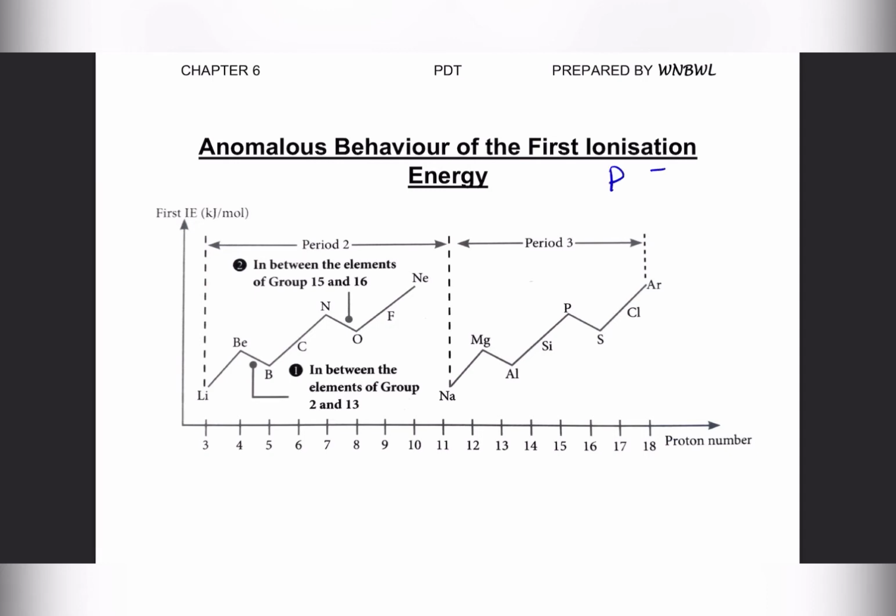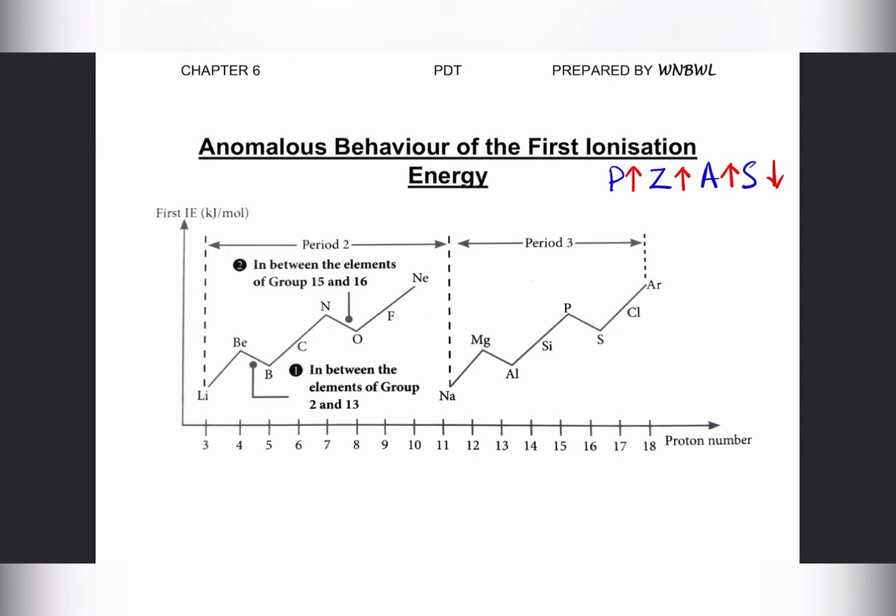So as you see here, you got PISAs, where the proton number increases, effective nuclear charge also increases, and then the attraction also increases, making the size become smaller.